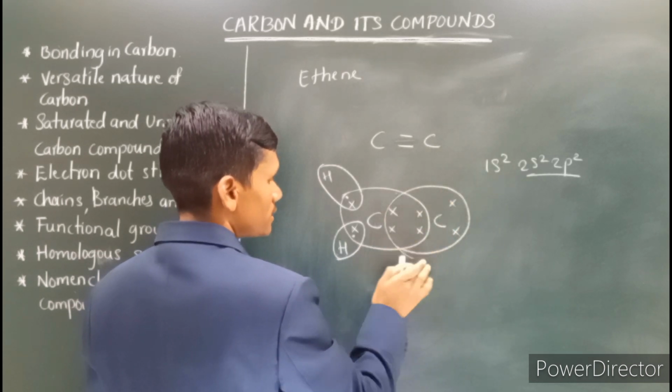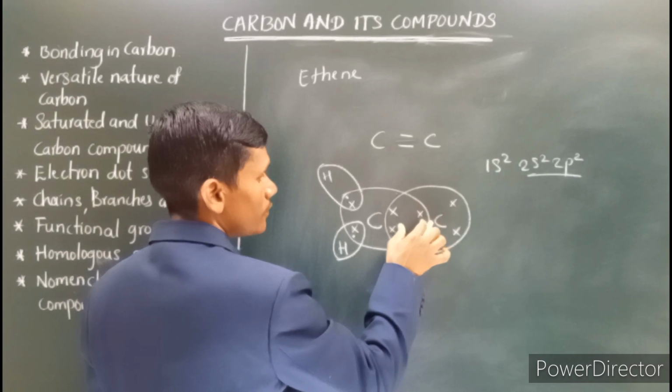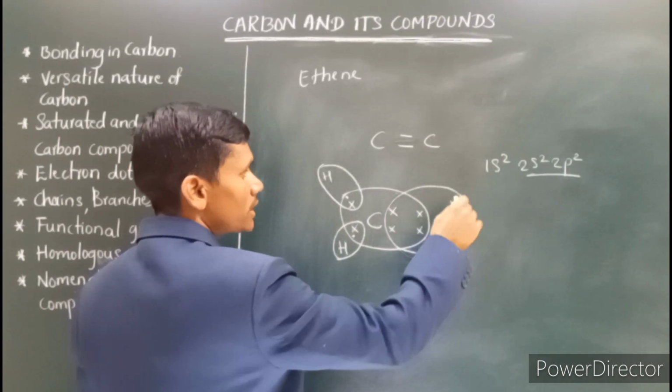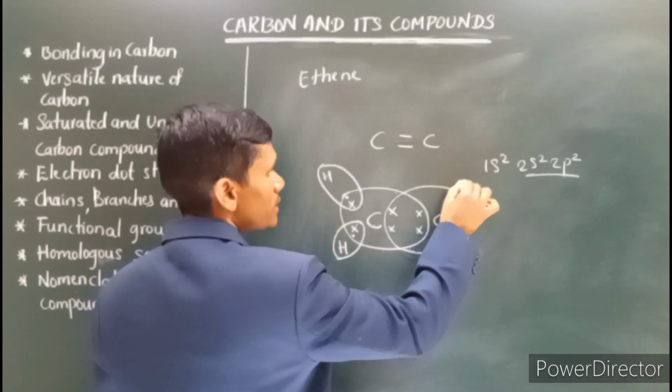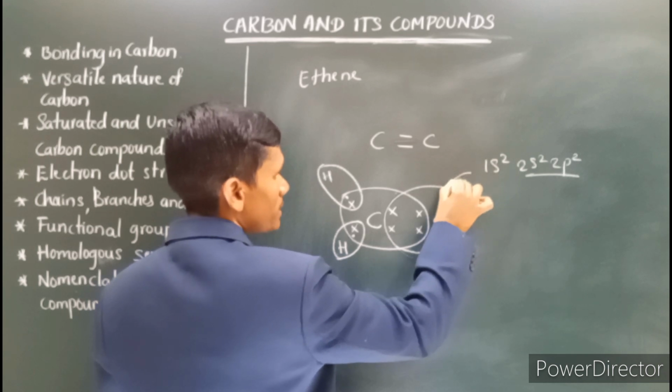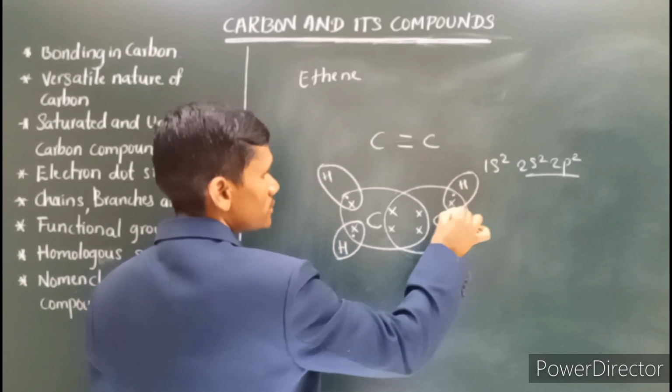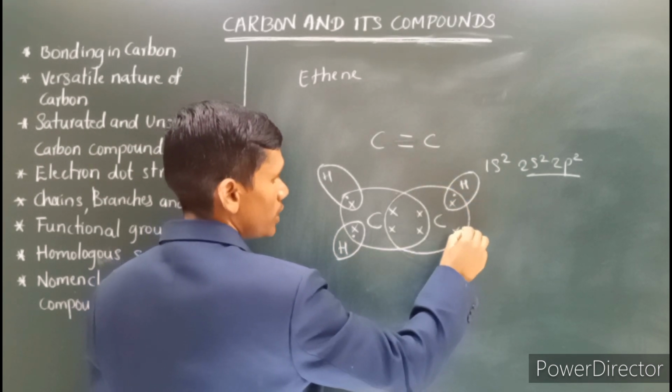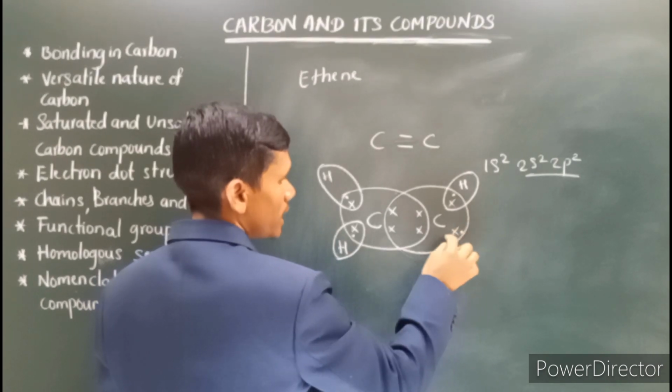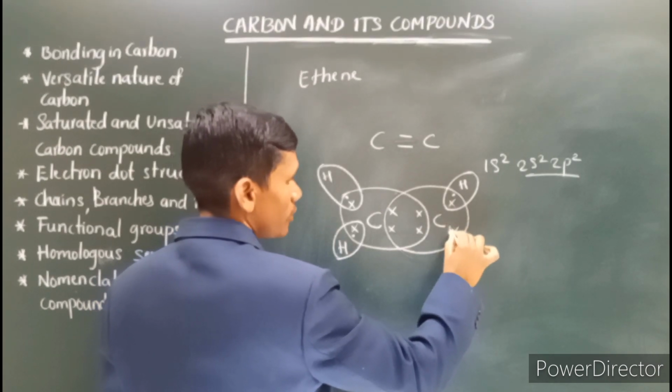Now you can see, total 4 plus 2, 6 electrons. Here one hydrogen gives 1 electron to this carbon atom, forming a single bond. And here one more hydrogen gives 1 electron and forms a single bond.